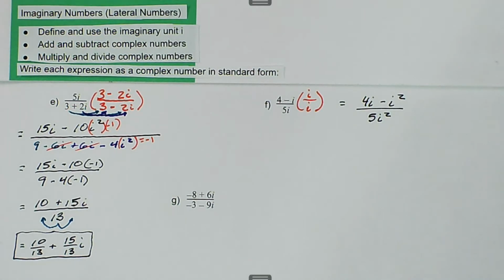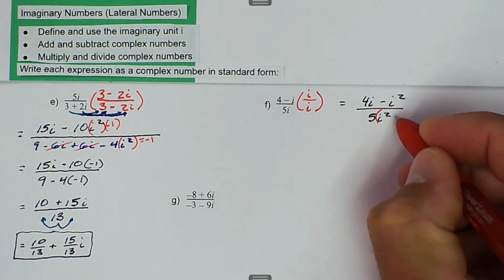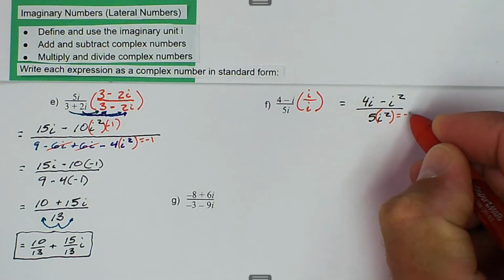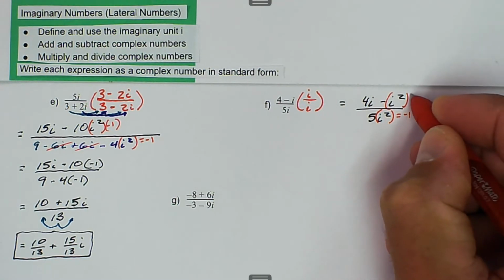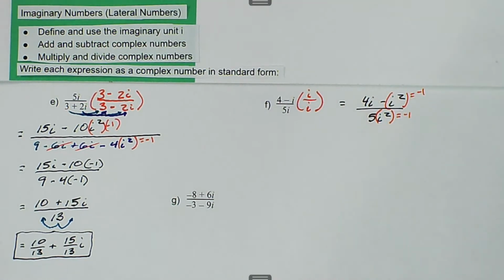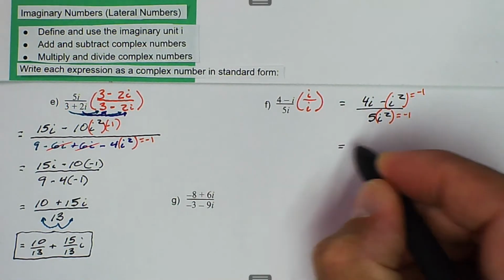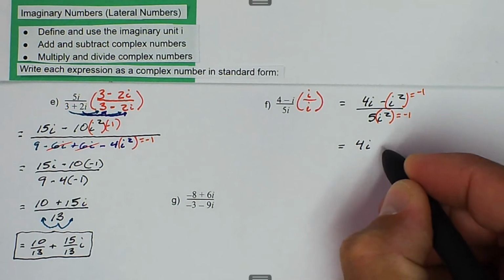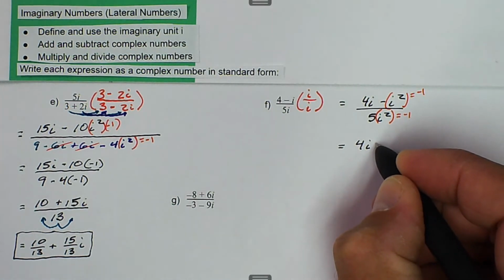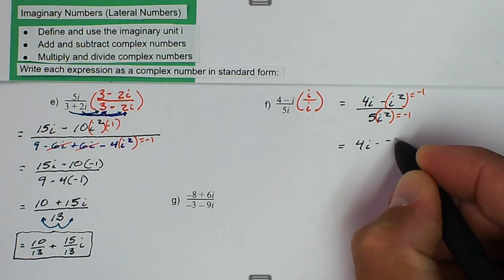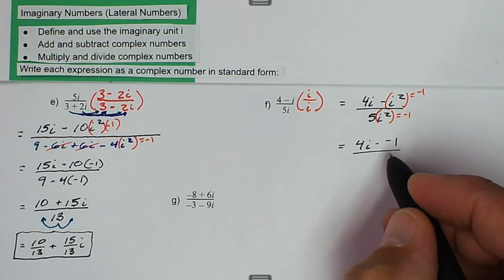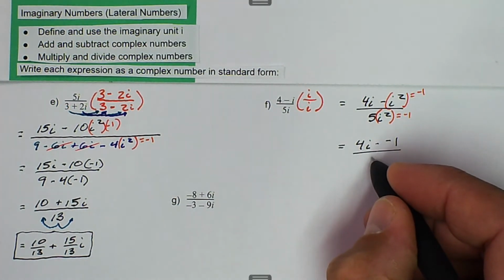And the nice thing about that is we remember that i squared is equal to negative 1. So I can rewrite that. So we get 4i minus negative 1 divided by 5 times negative 1.